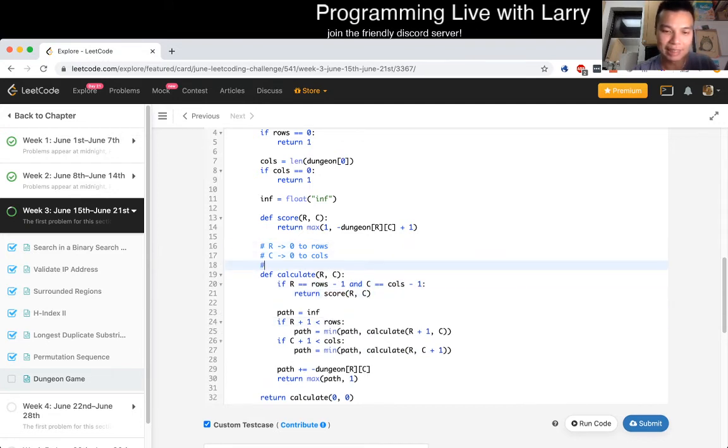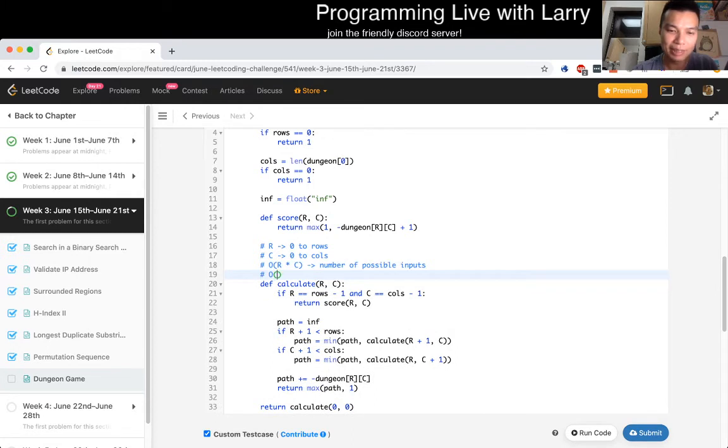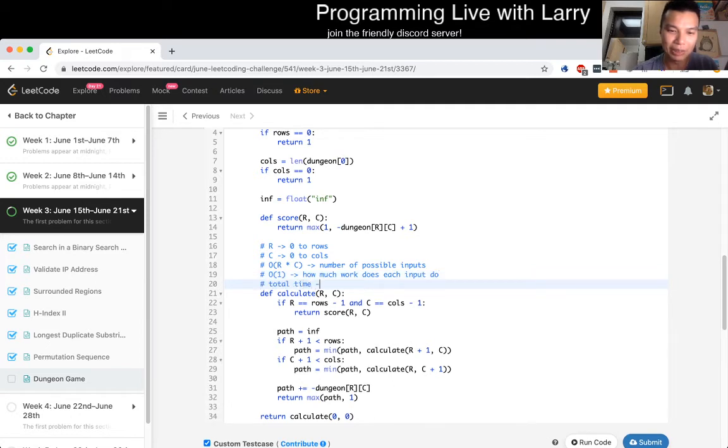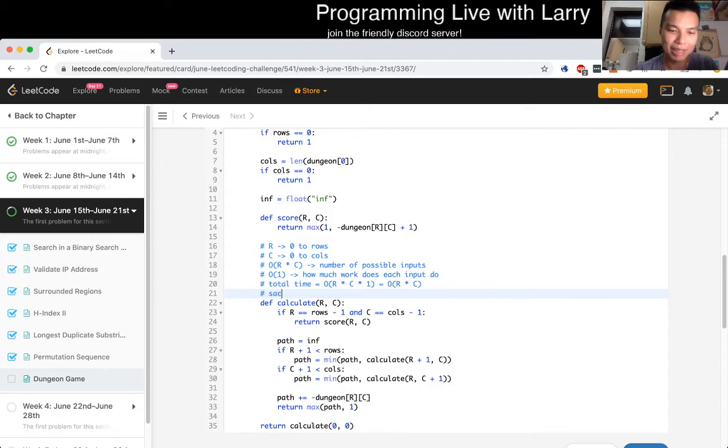So the complexity will be R times C, the number of possible inputs, times O of 1, how much work each input does, so total time is O of R times C times 1, which is equal to O of R times C. And then space, well, it'll be more obvious, so I'm gonna hold you in suspense for now.